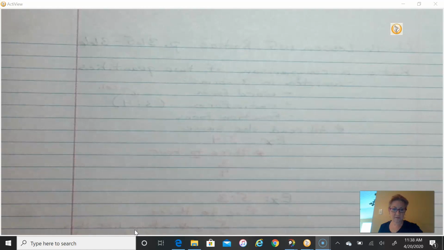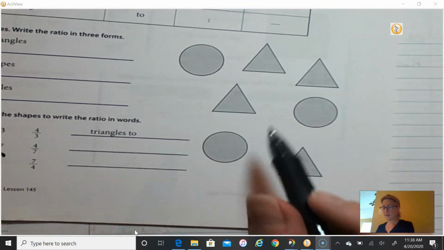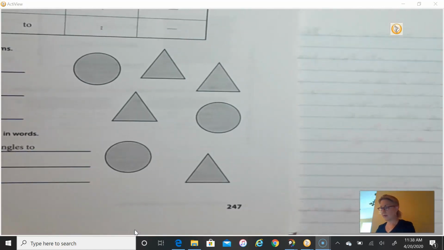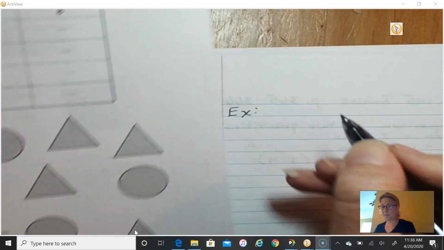Let's do another. Another example. Let's say we're looking at this picture here, okay? And I'm going to do an example using this picture.